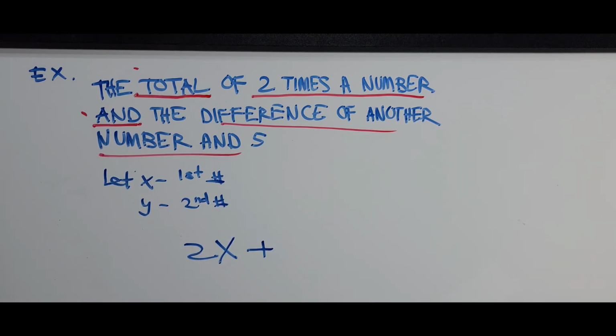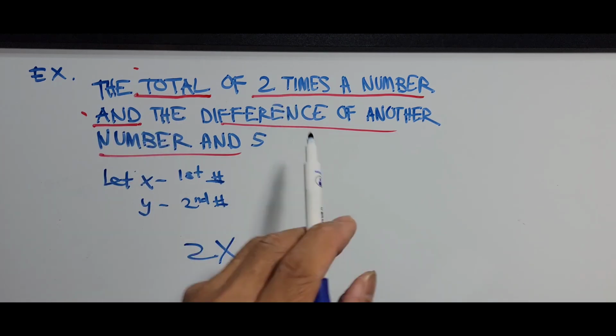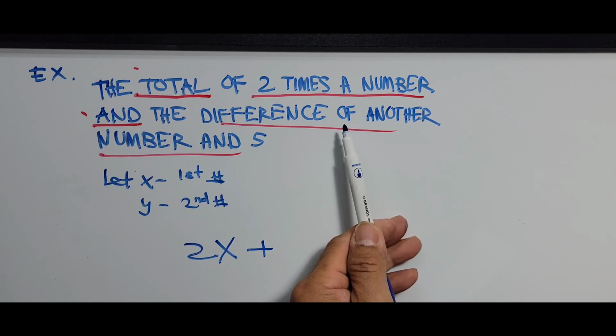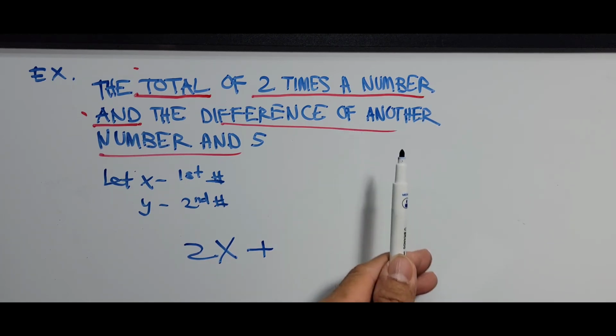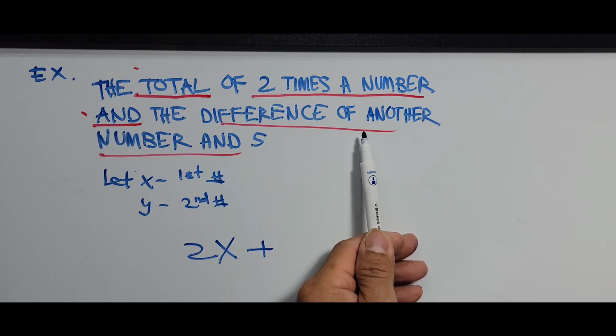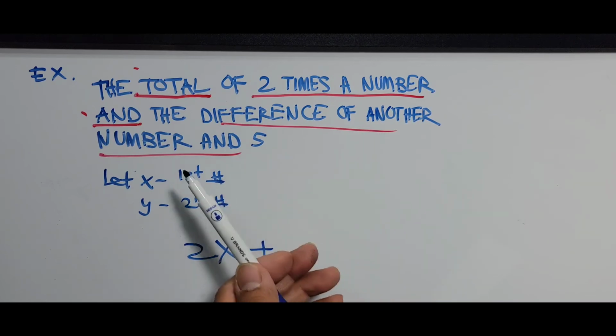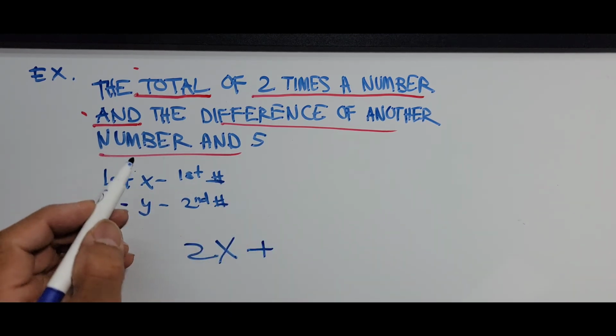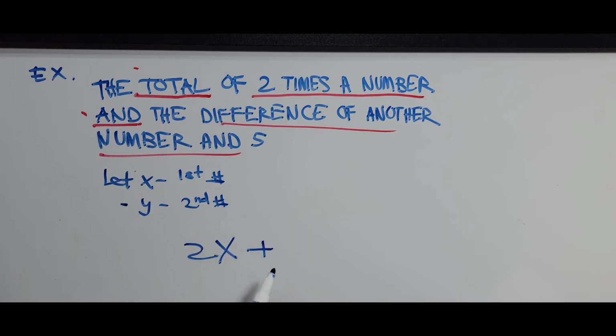And then since you're adding this to this, how are we going to convert this into an algebraic expression? The difference of another number and 5. Another number is y. The difference of, a number is mentioned first, so it can be written as y minus 5.